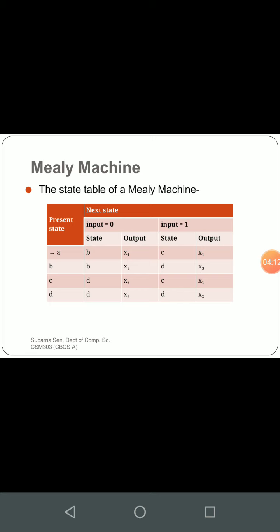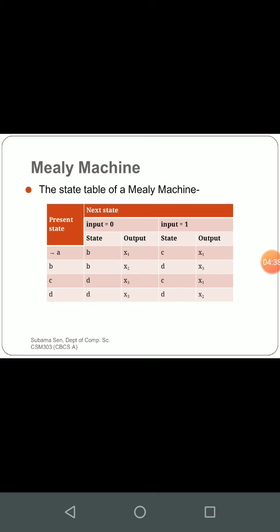If you develop this 6 tuple, Q will cover A, B, C, D. The input set, that is sigma, will cover 0, 1. The output set will cover x1, x2, x3, right? Then your transition function delta will cover, say, A comma 0 will generate B. Then another function X will generate what?